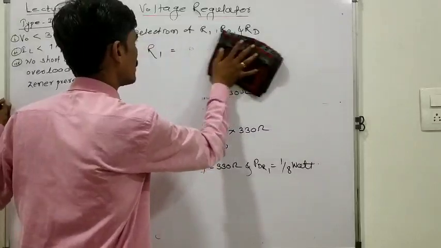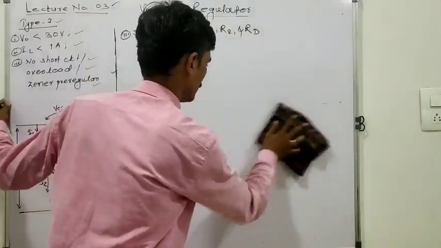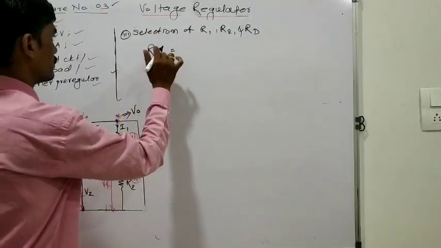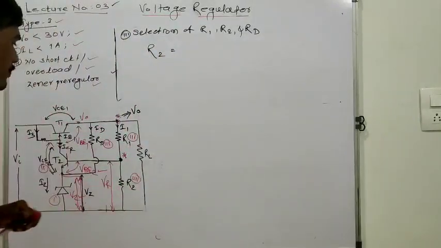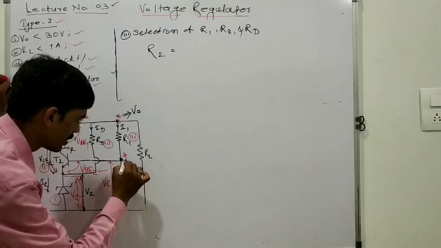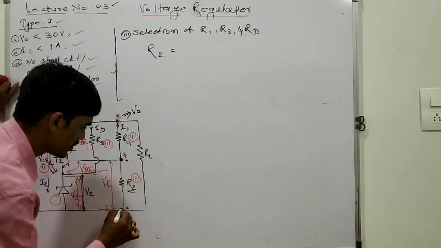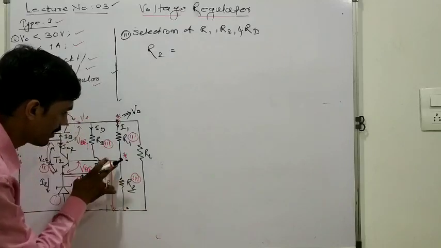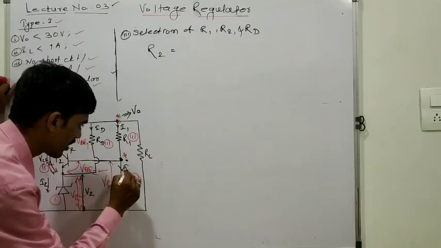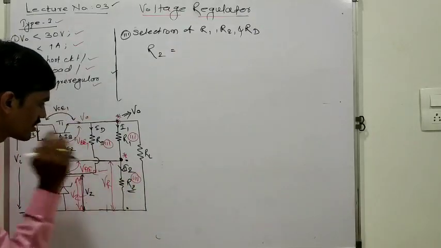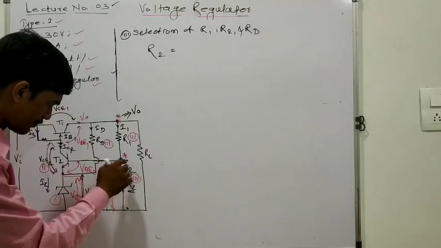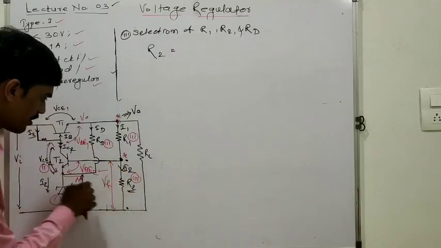Similarly, we go for the selection of resistance R2. In a similar way, what is the value of R2? R2 is the voltage available across R2 divided by the current flowing through this resistance R2. If we look at this point, this voltage is VF, which we already calculated.